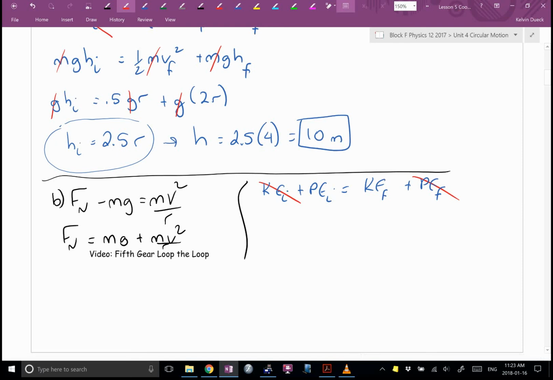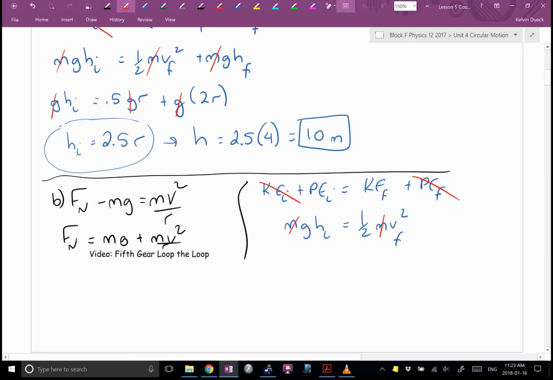Yay! Potential energy initial, that was mgh initial, and that equals a half mv final squared. Oh, that's convenient. Actually, you know what?